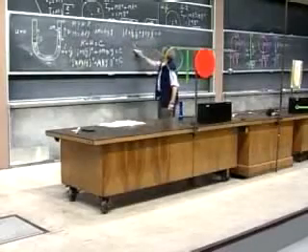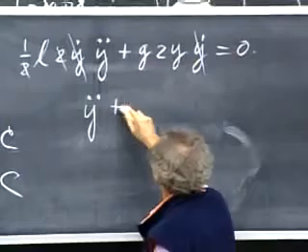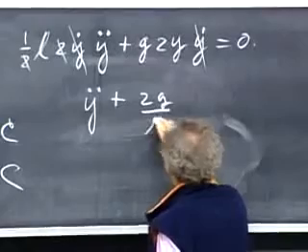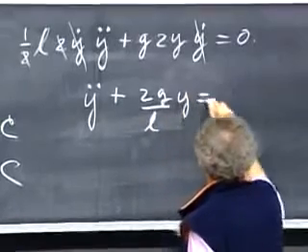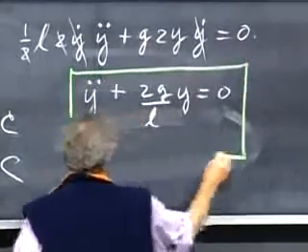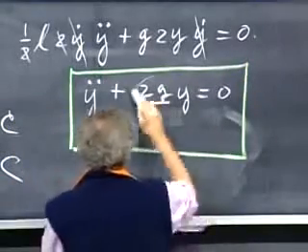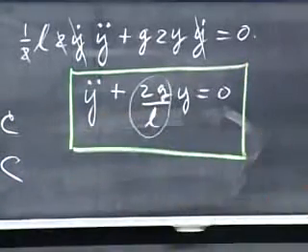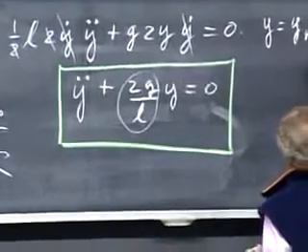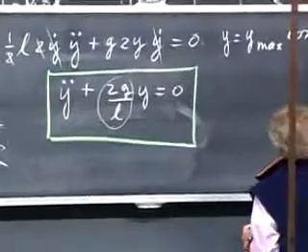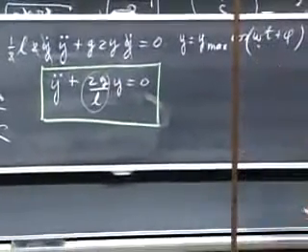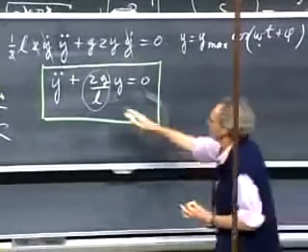And so I find that y double dot plus 2g divided by L times y equals 0. And that was my goal, because this is clearly a simple harmonic oscillation, because this is a constant. And it will oscillate in the following way. y equals y max times the cosine of omega t plus phi, and this is the angular frequency, which is directly related to the period.